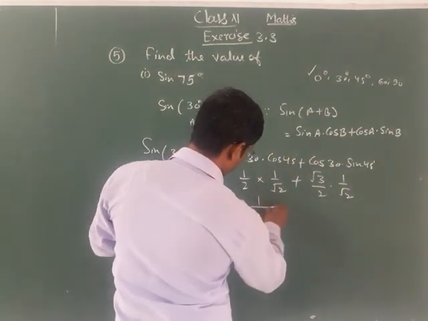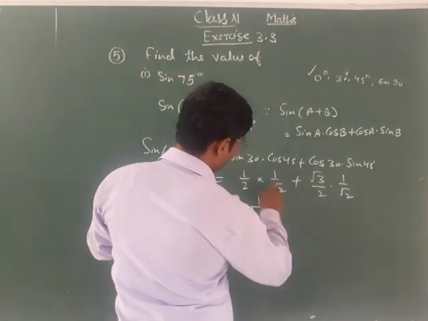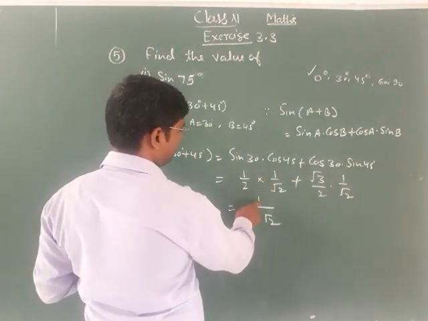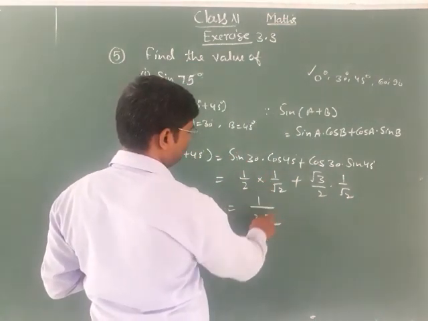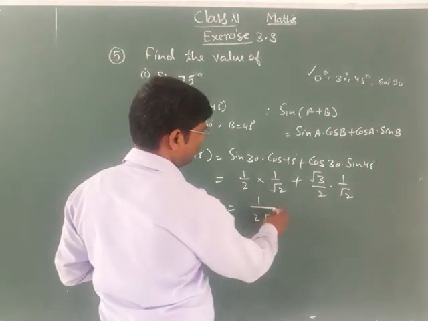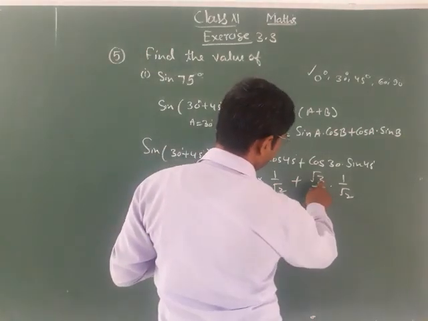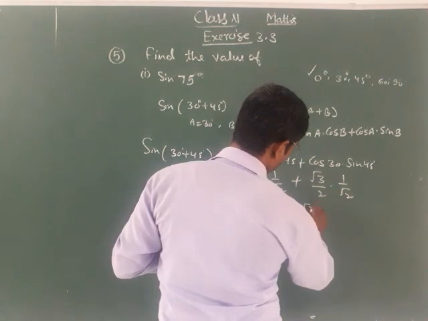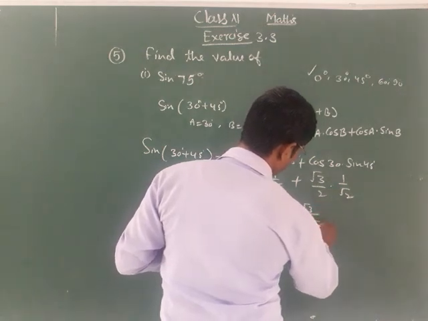Now 1 upon 2 root 2, 1 multiplied by 1 gives 1, 2 into root 2 is 2 root 2, plus root 3 into 1 is root 3 upon 2 root 2.